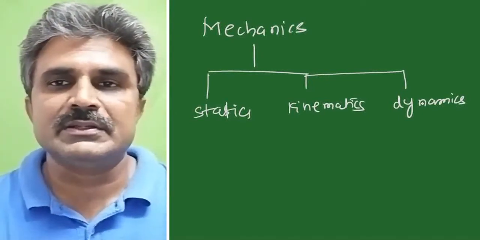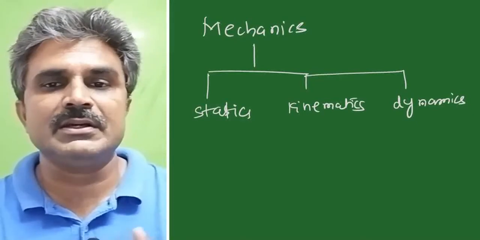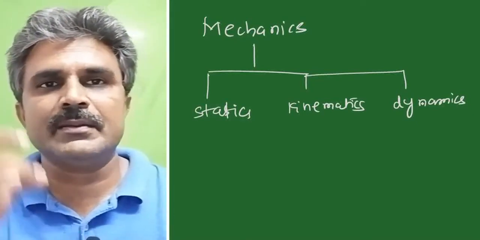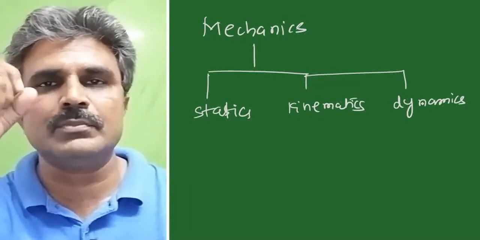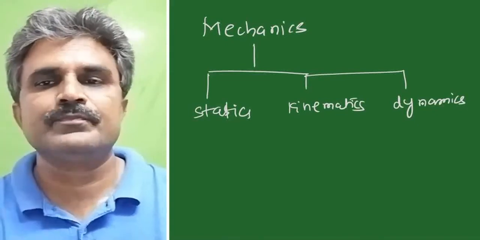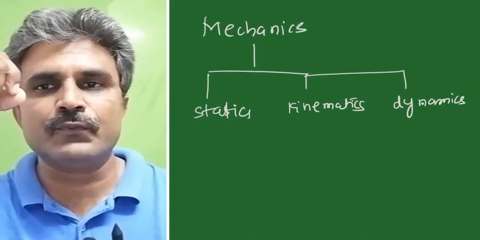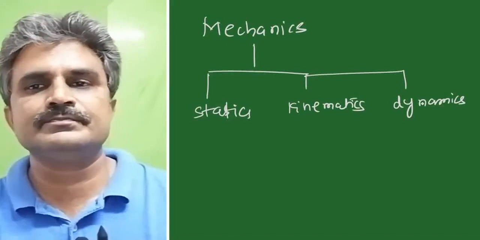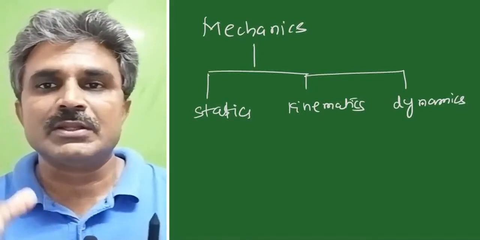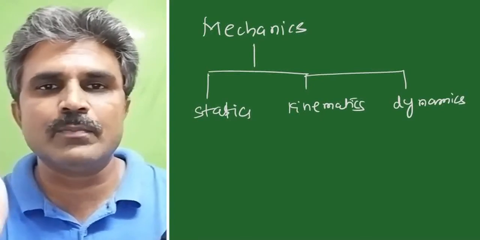And the next one is dynamics, where we will study the cause of the motion also. For example, if I hit a pendulum, then we need to consider the force that I have used to hit it, how much force I have applied. What are the parameters that are influencing the motion of the object?